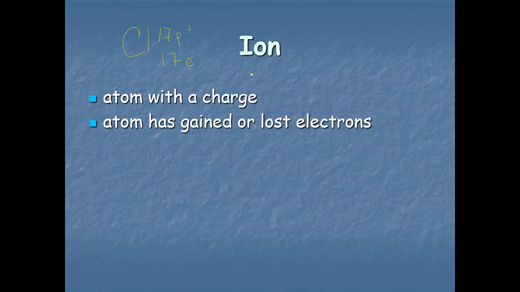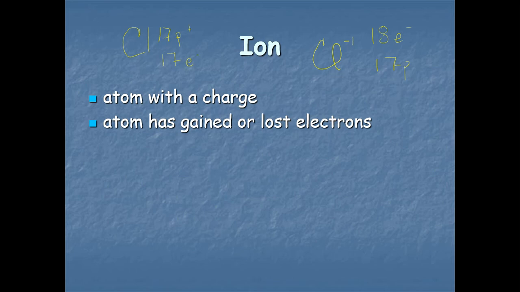But if I gain one more electron, which means I now have 18 electrons and 17 protons, now it becomes an ion. This would be a chlorine with a -1 charge. That's just saying that it has one more electron than it has protons.